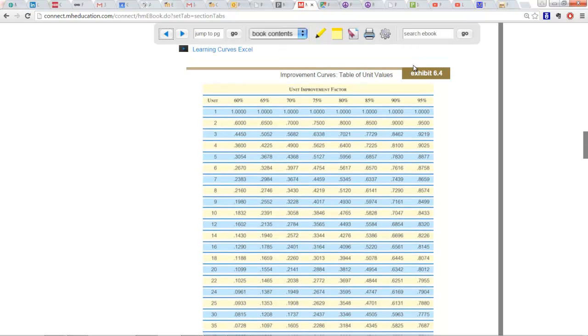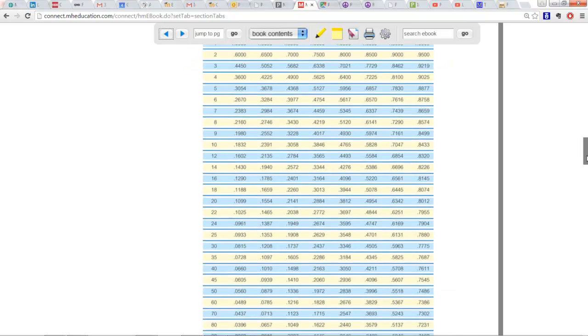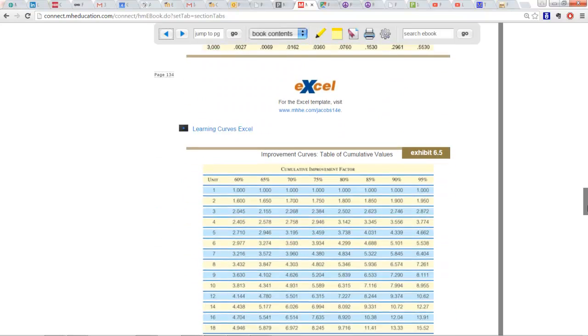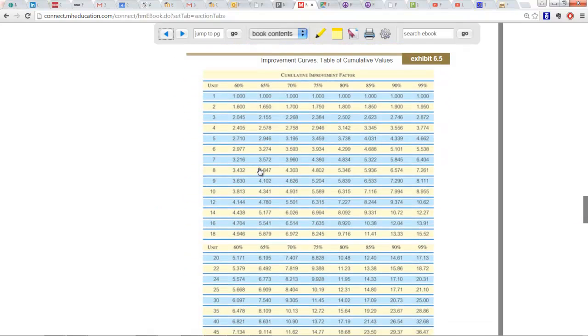And this is the first table, Exhibit 6.4, and it shows for each unit how much time it took relative to the first one. It's just relative. Whatever the time it took for the first unit, it's 0.60 for the second if you're in the 60% learning curve, which we are. The next table is Exhibit 6.5 in the chapter, and I just copied the beginning of that out.